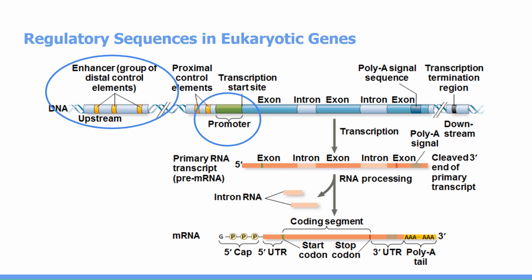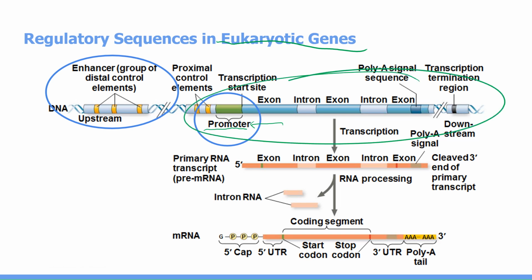I'm a very visual person. So again, this is what is being represented visually for eukaryotic genes. So again, this blue thing is all DNA. The segment of DNA that's called the promoter allows for the RNA polymerase to bind to. Then upstream of all of this would be a spot for the enhancer.